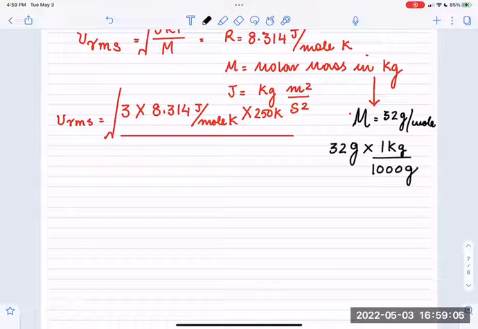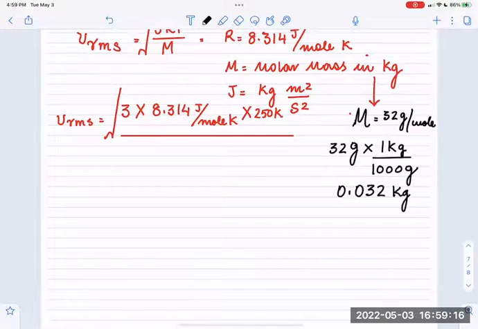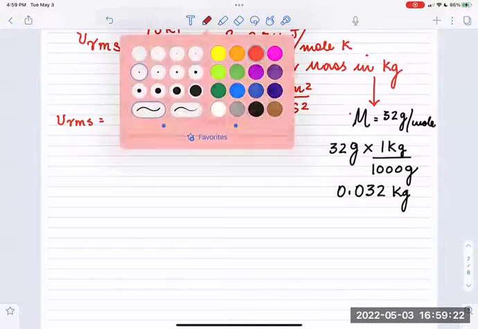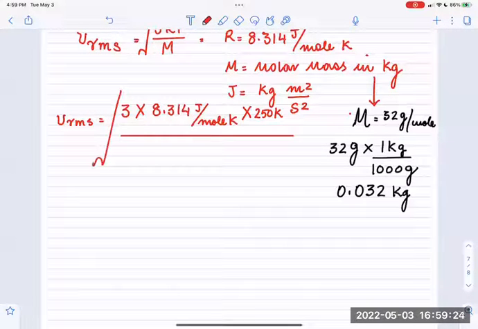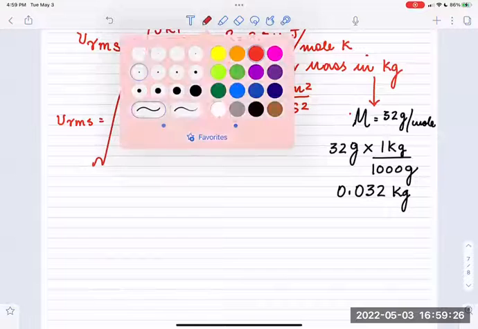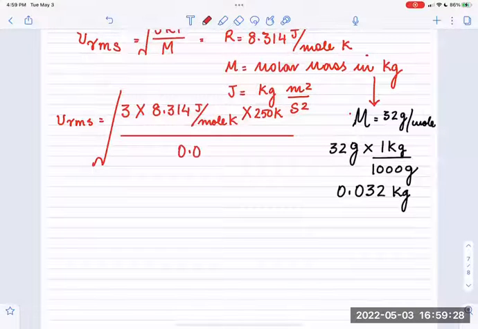Okay, so 32 divided by 1000 and you get 0.032 kilograms. So this is the number you're going to use.